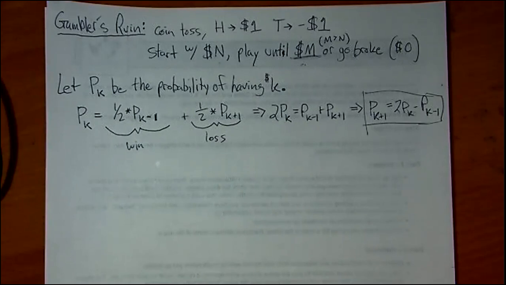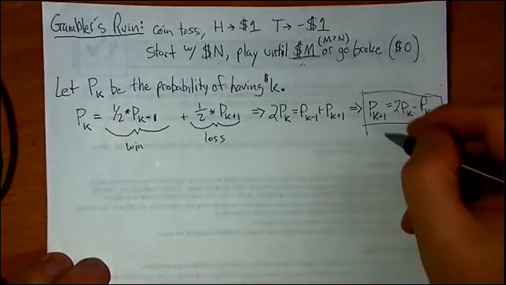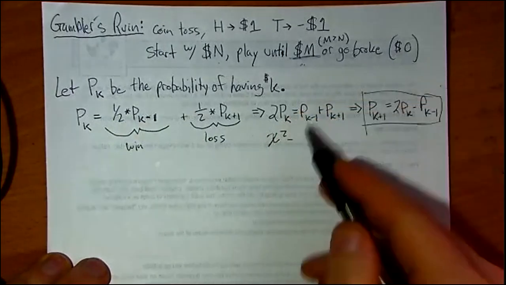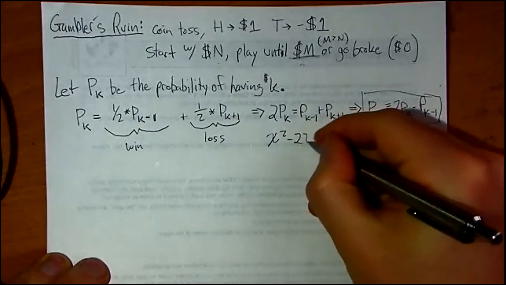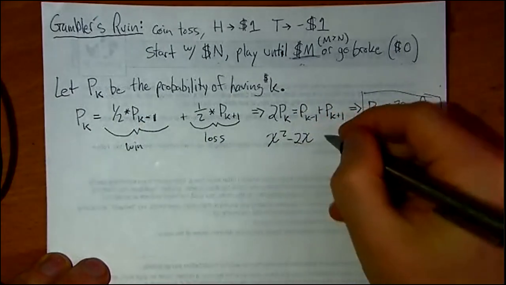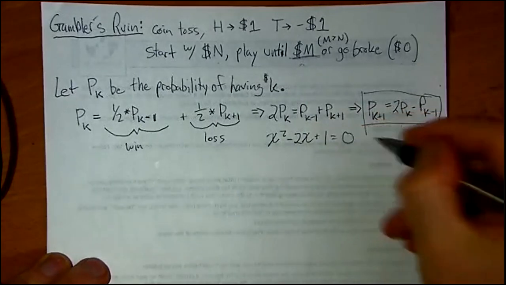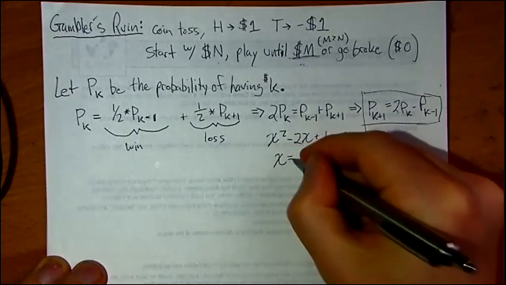Okay, you solve the quadratic to get the roots. What's the corresponding quadratic equation going to look like? It'd be chi squared minus 2 chi plus 1 equals 0. So chi equals what?